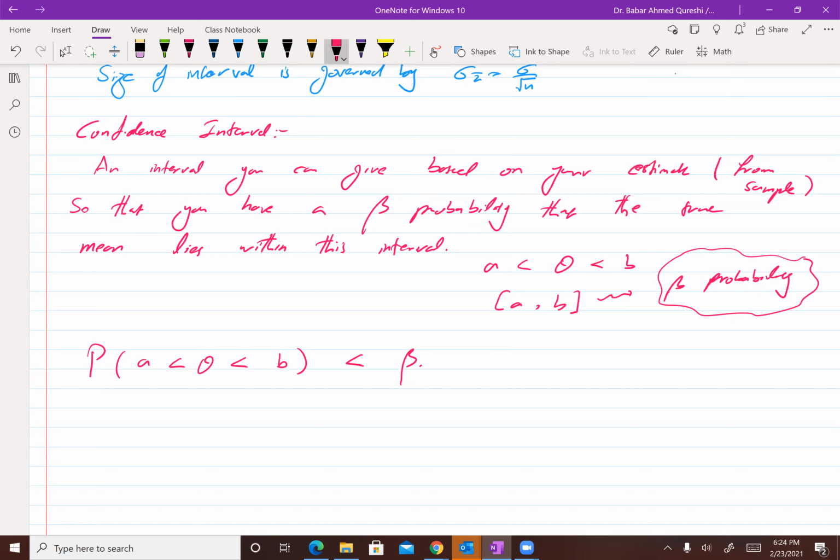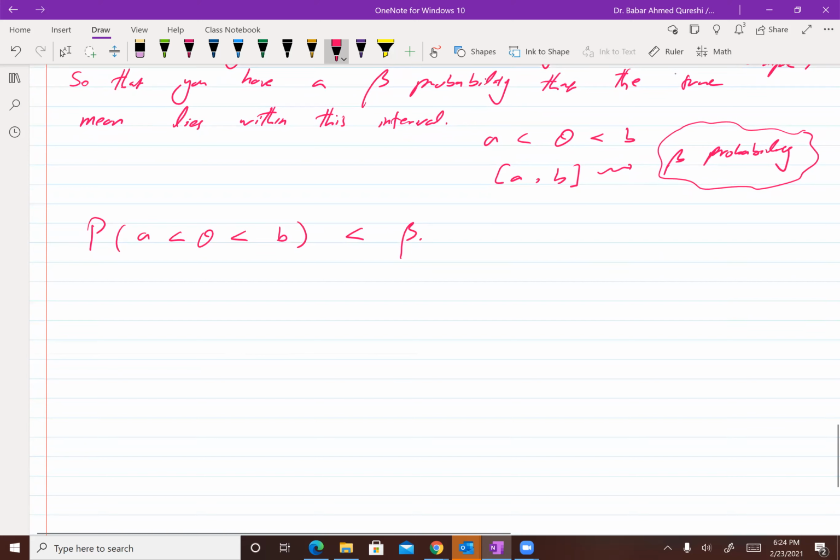So suppose you have, so we know that this x bar, which is the sample mean, which will be our observation, if I make this a variable, then this is the standard normal variable.